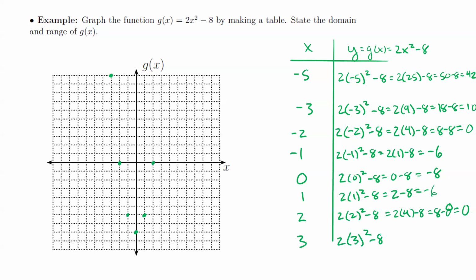Because of course, when we square the positive versions of those negative numbers that we started with, we're of course going to get the same answer. So there's our parabola. I've certainly graphed better ones before, but you get the idea.